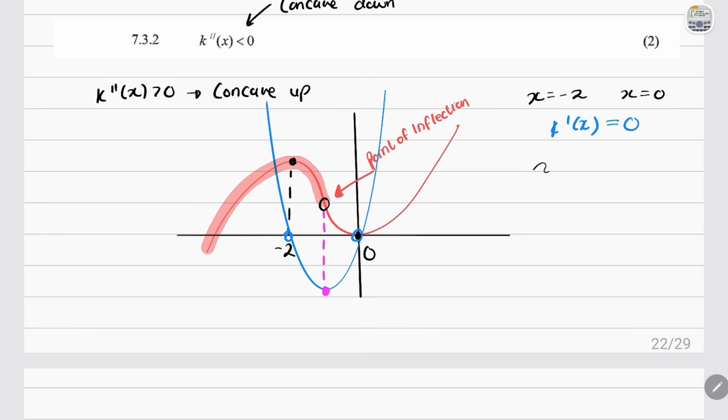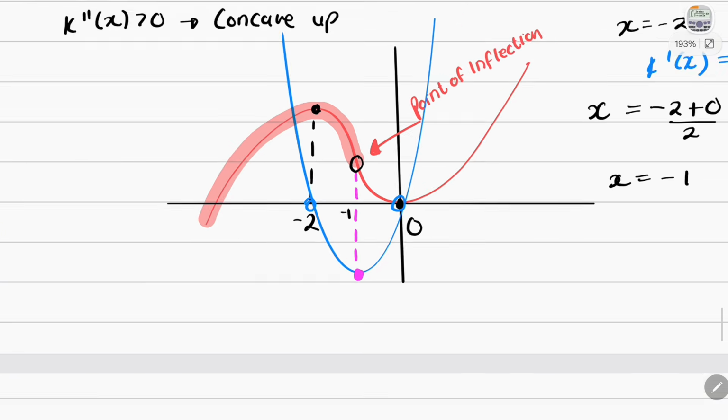So to find the x value of the point of inflection, you say -2 plus 0, x1 plus x2 over 2, to find the midpoint of the x values. So x is just equal to -1. So we know where that is. And so where is it concave down?